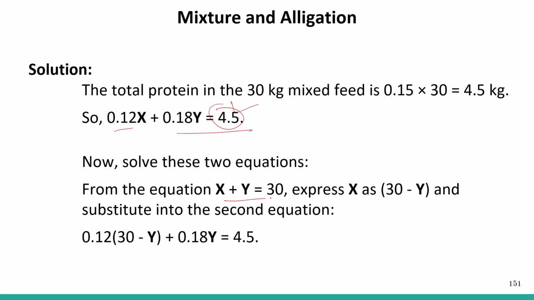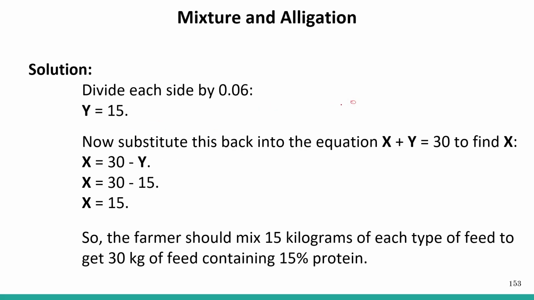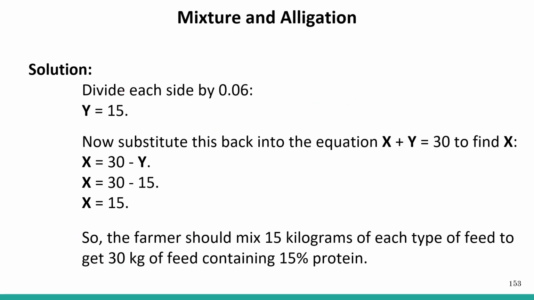So solve the two equations, that is x plus y is equal to 30 and this algebraic equation. Putting x as 30 minus y, we are left with this algebraic equation. Solving this further, we can see that 0.9 is equal to 0.06y.